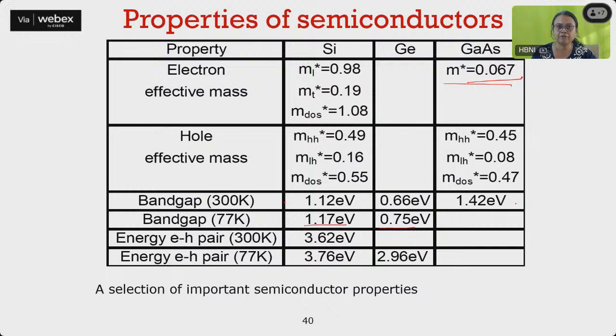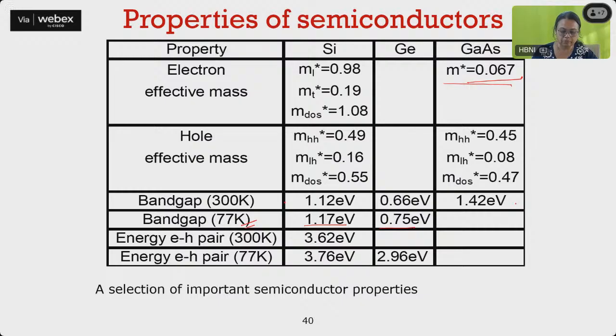So generally, in case of radiation detectors and so on, germanium is used at 77 Kelvin, where we want the dark current to be very less. That means when there is no application of electric field, the current is very less, less than a nanoampere.